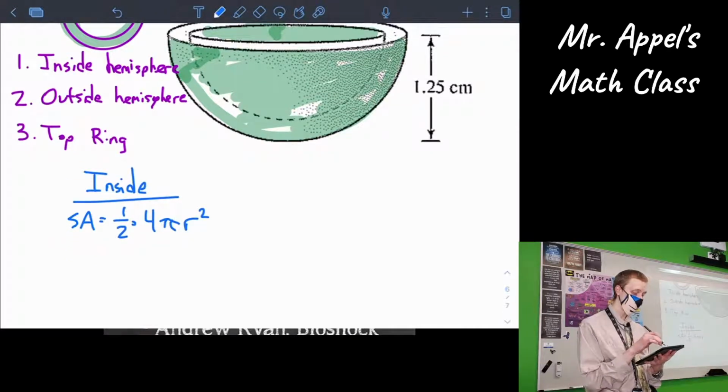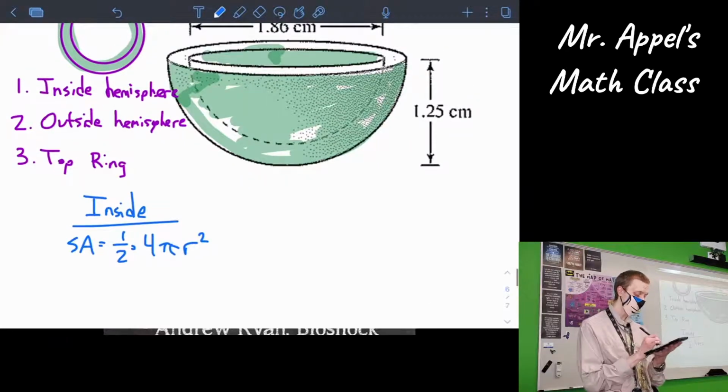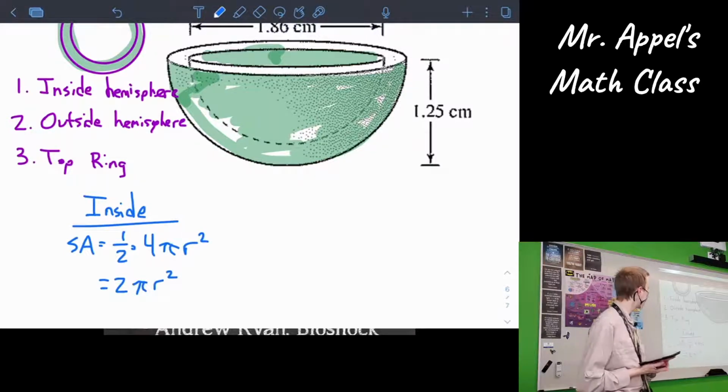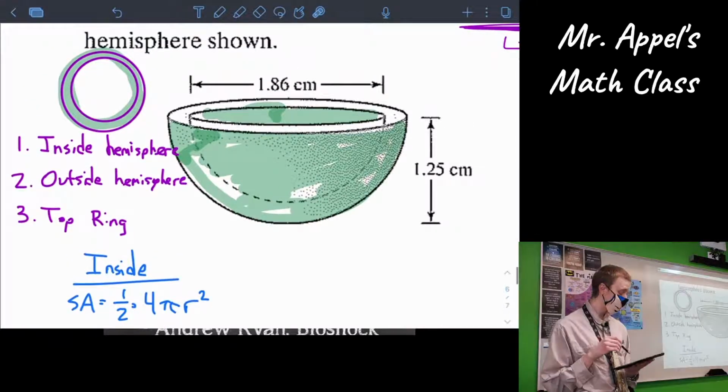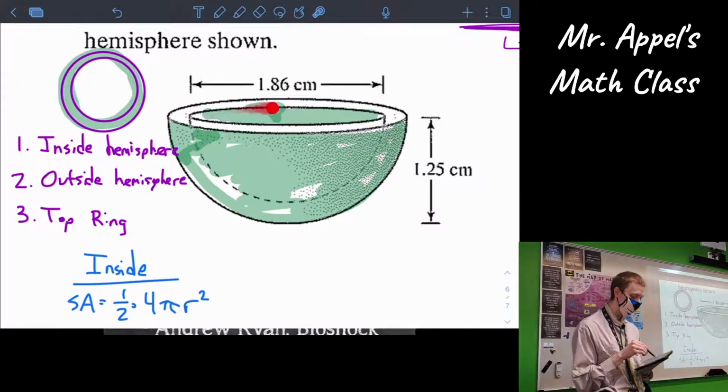Okay, so we can simplify that a little bit, right? 1/2 times 4 is going to be 2, so it's 2 pi r squared. That's handy. What's r? What is the radius of our inside hemisphere here?